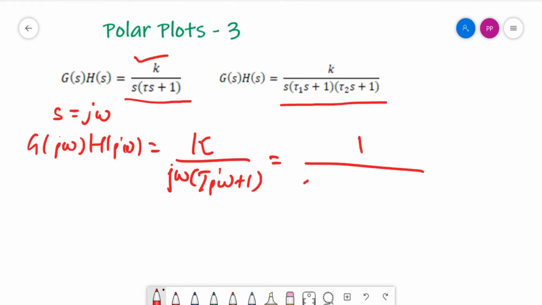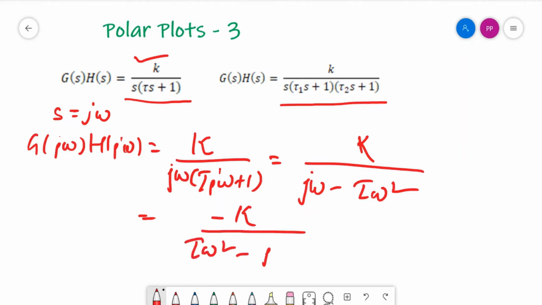So we can write like this: j omega, the second term written first, and tau omega square. This can again be written by multiplying numerator and denominator by minus 1. We can write it as minus K divided by (tau omega square minus j omega).